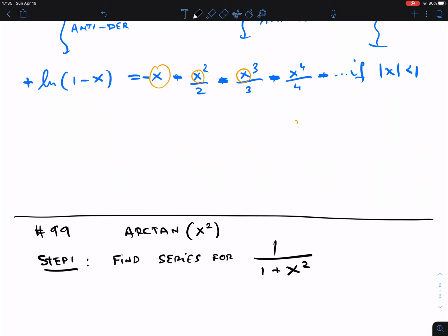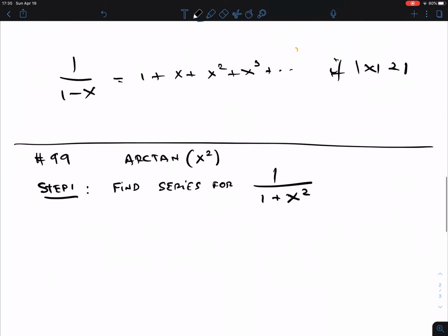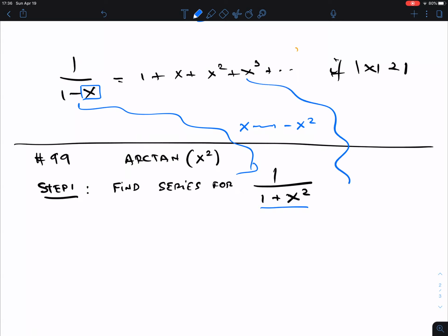Okay, so I'm going to write again my basic series here that I always work with. It's so basic, it's better to repeat it a couple of times, if the absolute value of x is less than 1. Okay, so to get from 1 minus x to 1 plus x squared, I'm going to replace x by minus x squared. I hope you see that, right? If I replace this x by minus x squared, I get exactly this expression. So when I do this on the left-hand side, I do the same thing on the right-hand side.